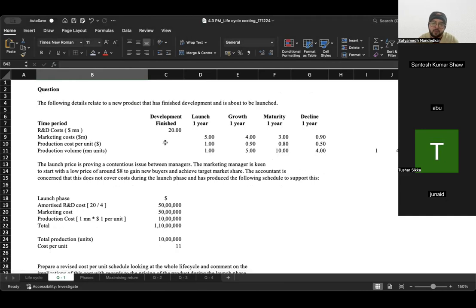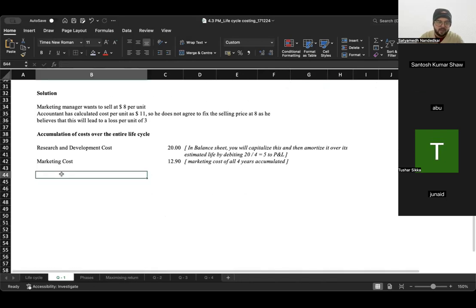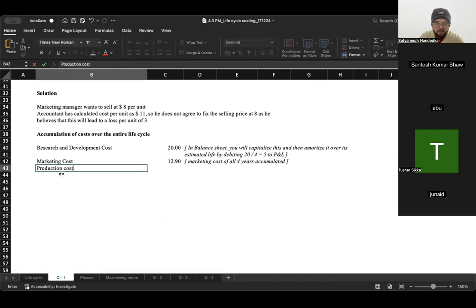You have to calculate the production cost over lifetime. 1 million units into 1, 5 million units into 0.9, 10 million units into 0.8, 4 million units into 0.5. So, production cost overall 4 years.